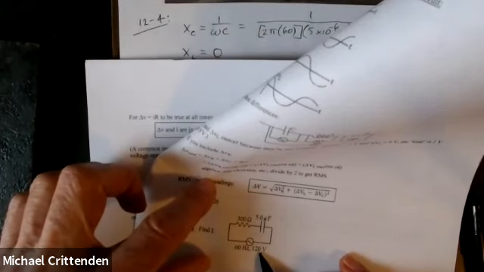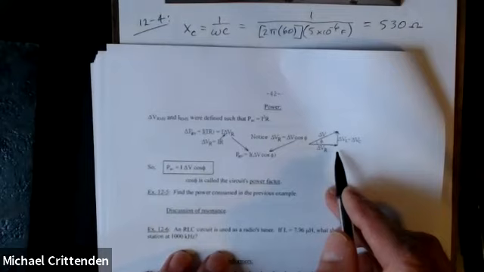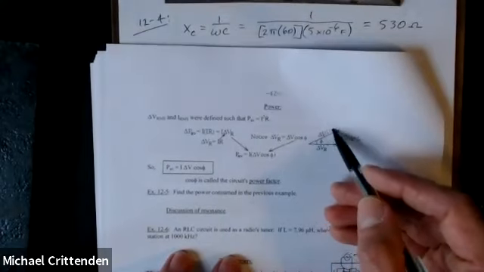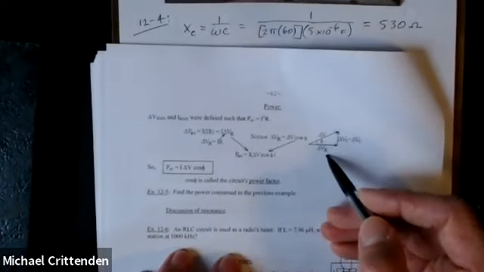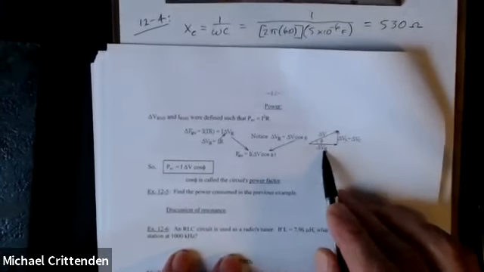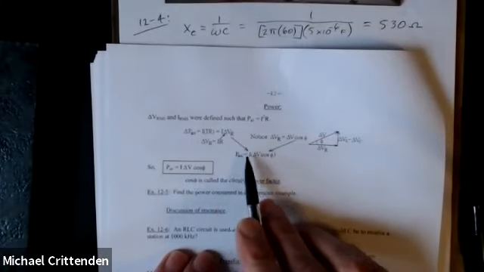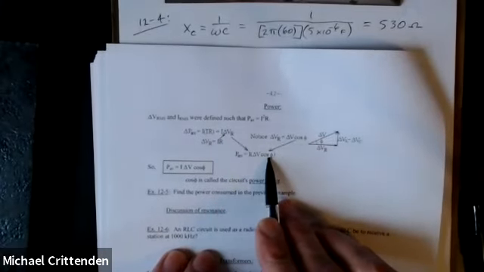It's a 120 volt outlet. So the voltage across the resistor is related to that 120 volts by this phasor diagram here. Hypotenuse times cosine gives you the adjacent side. So for the voltage across the resistor, you put in V cosine of phi.